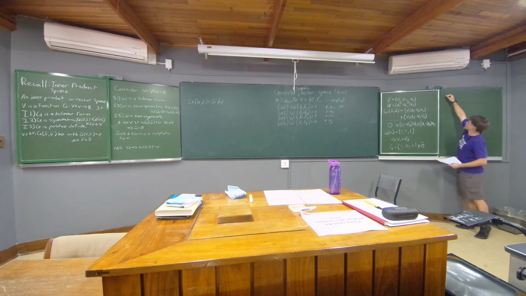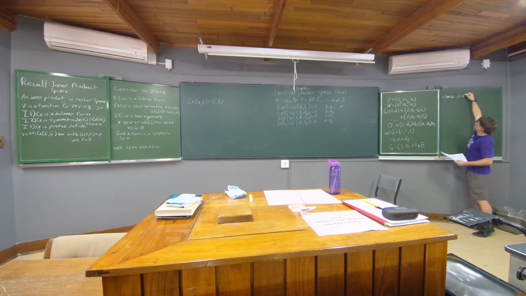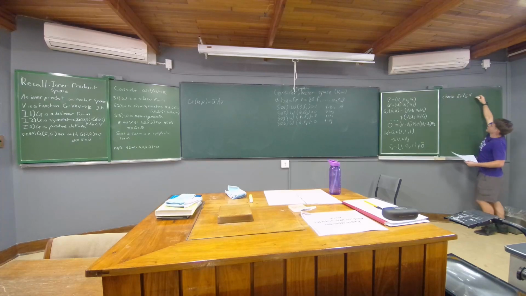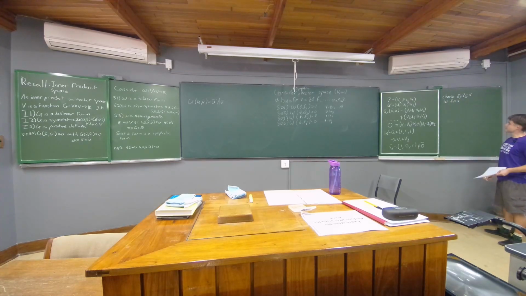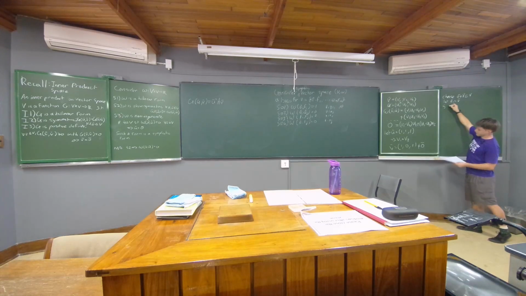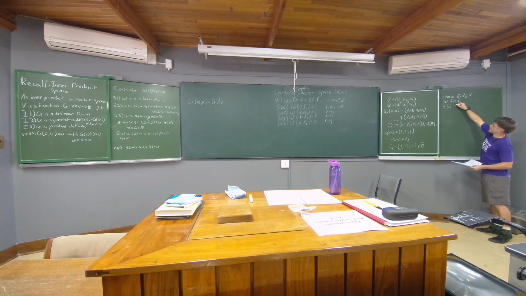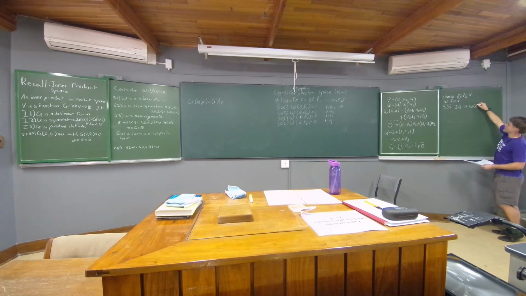So first we choose a non-zero vector in V, and we let our E1 equal v. Now, since E1 and v are non-zero, we know from S3 that there exists a w such that E1 w is equal to a non-zero constant, right?